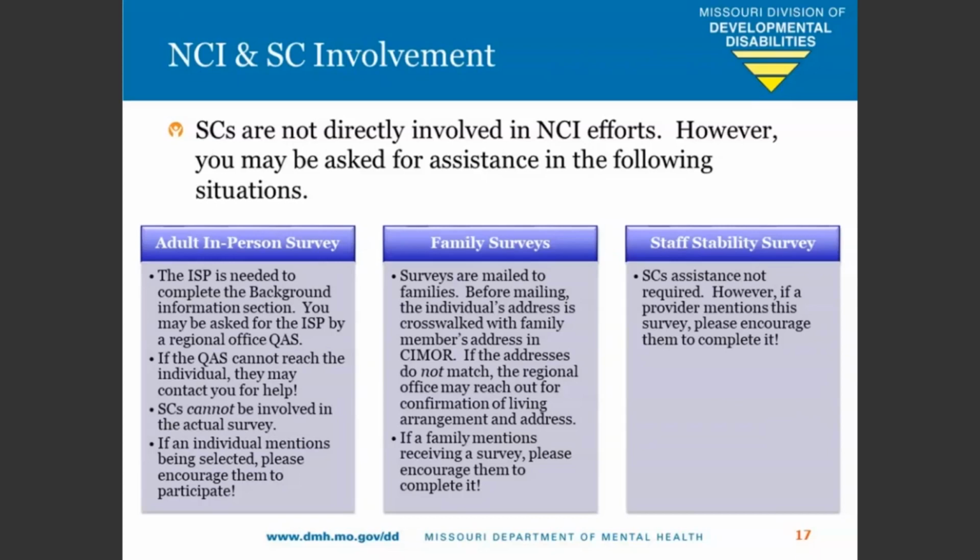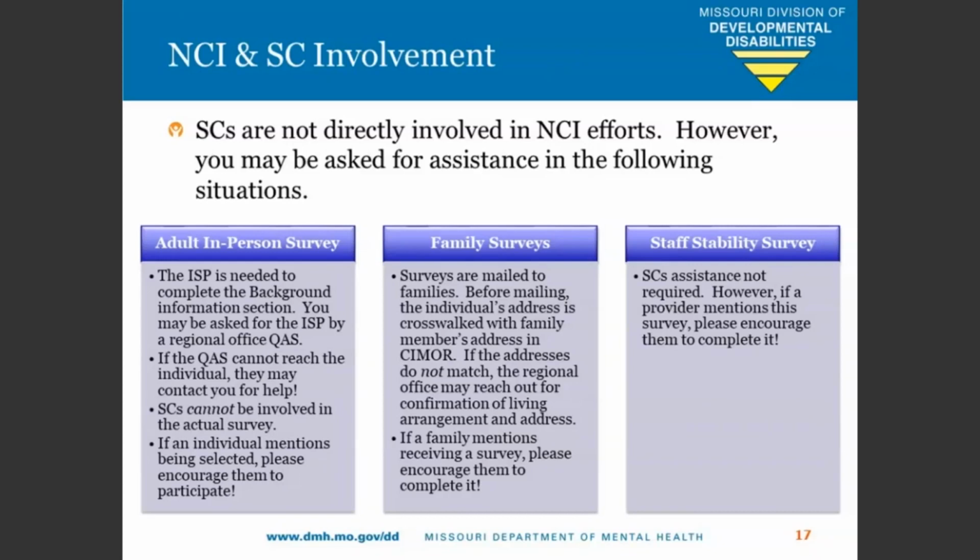The thing about this particular section is that for the most part, you cannot ask the individual for that information. That section is to be completed by the regional office QAS before the actual survey.